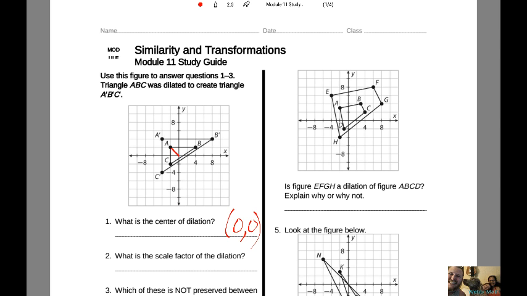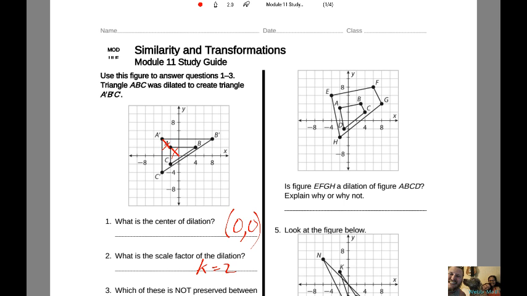But the distance from A prime to the center of dilation is twice the distance. So since it's twice the distance, I'm already thinking my scale factor has to be 2. You could double check the rest of your points, because remember, all points have to go under the same scale factor.